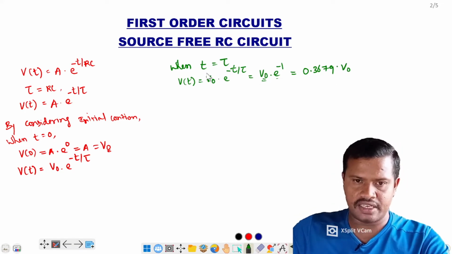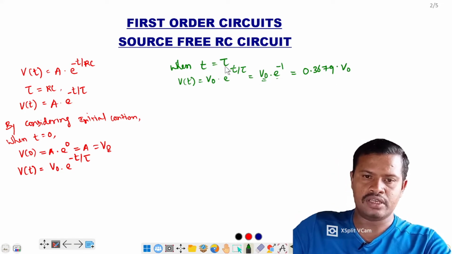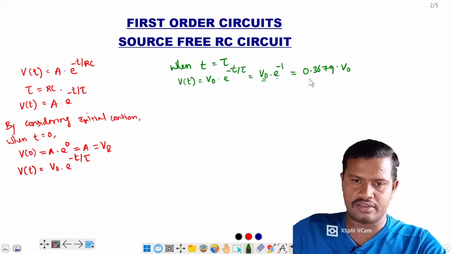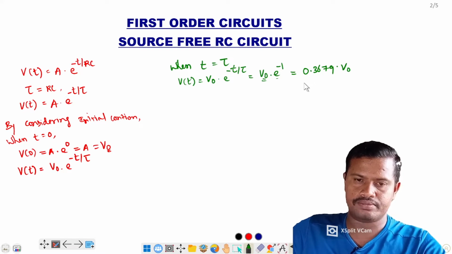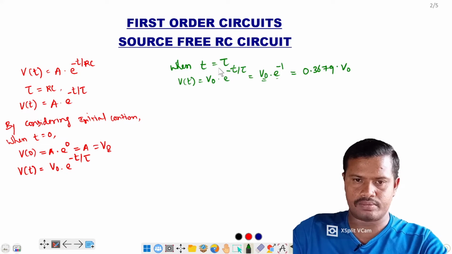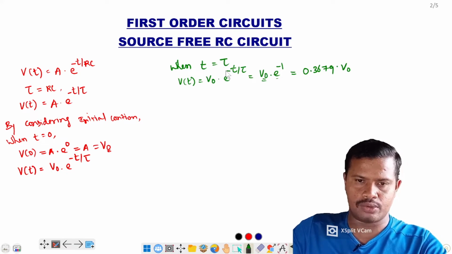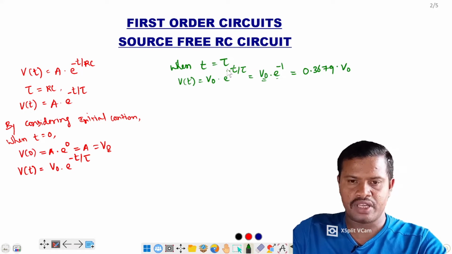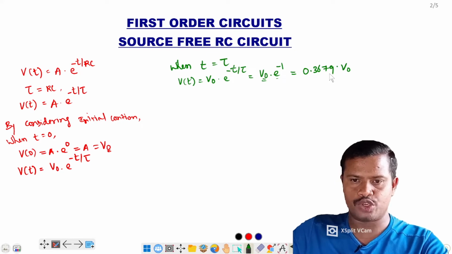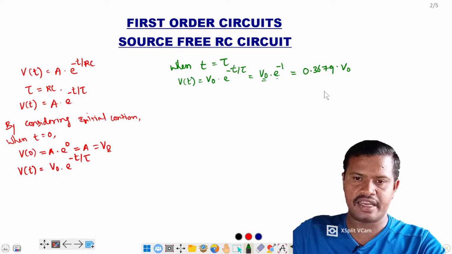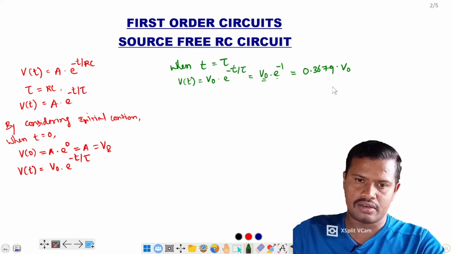So whenever the time t is equal to one time constant, the exponentially dropping voltage will reach a value of 0.367 times of its initial value, or 36.8% of its initial value.